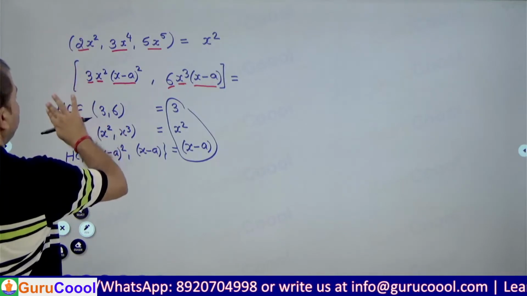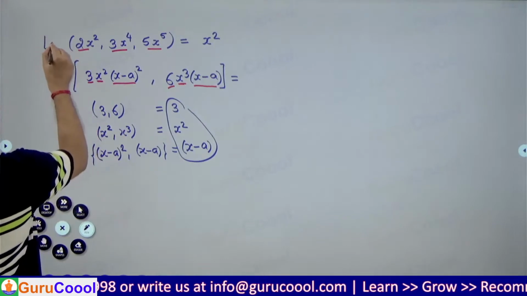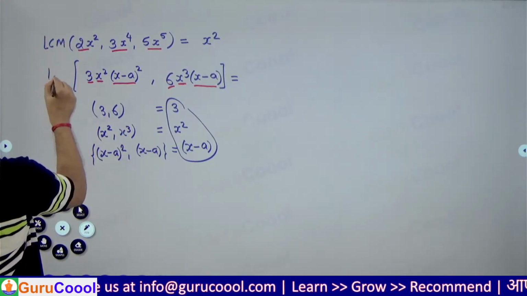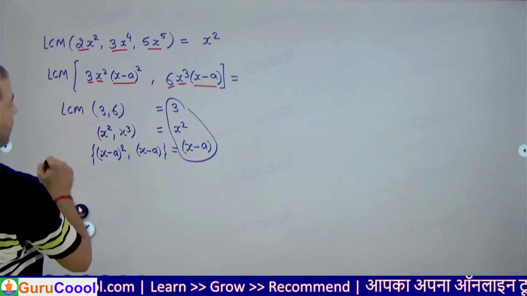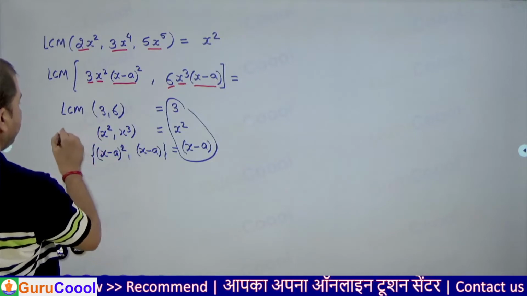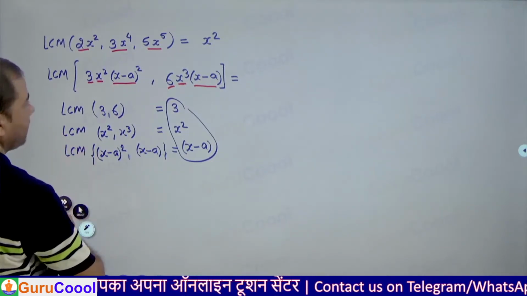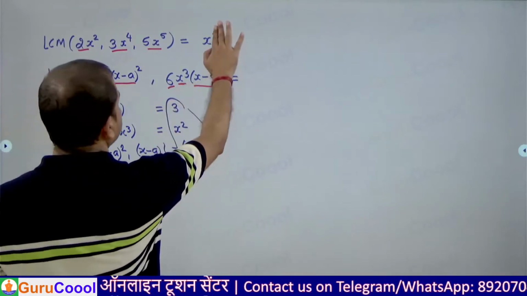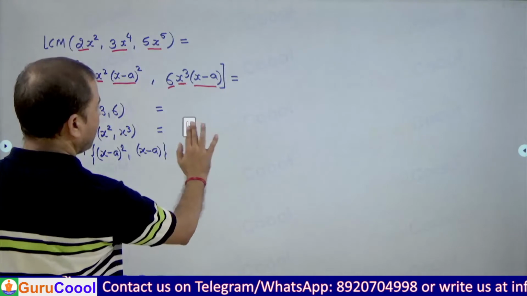So I will erase HCF and write LCM everywhere. LCM, LCM, LCM, LCM. Let's erase these answers because these answers were HCF.